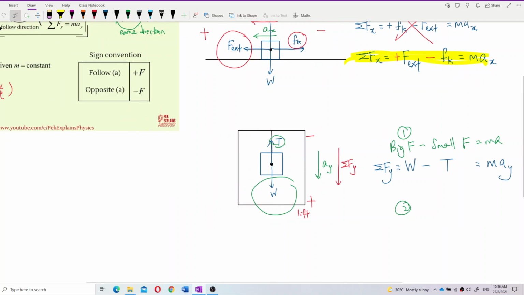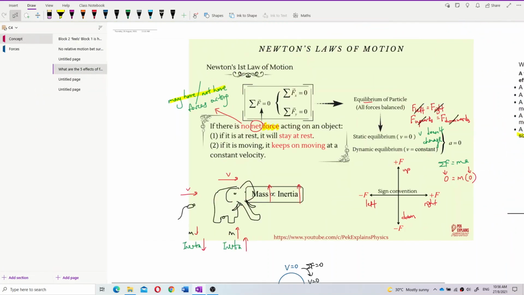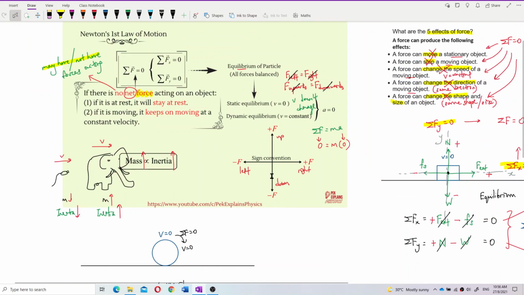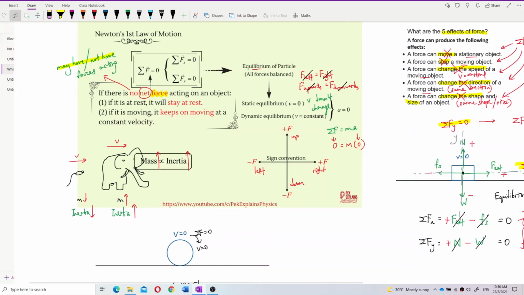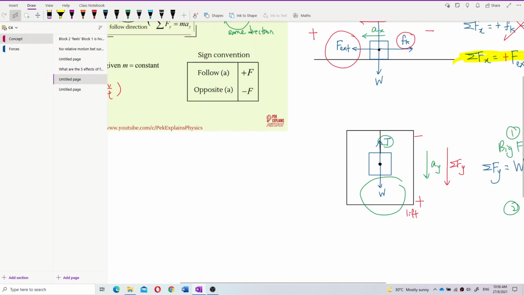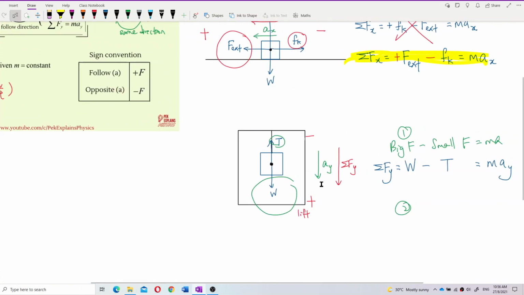Although we often say that force downward we put negative, isn't it? That is when there is no MA, when the resultant force is equal to 0, we put downward force negative. But if we have acceleration, then the downward force must be compared with the acceleration.